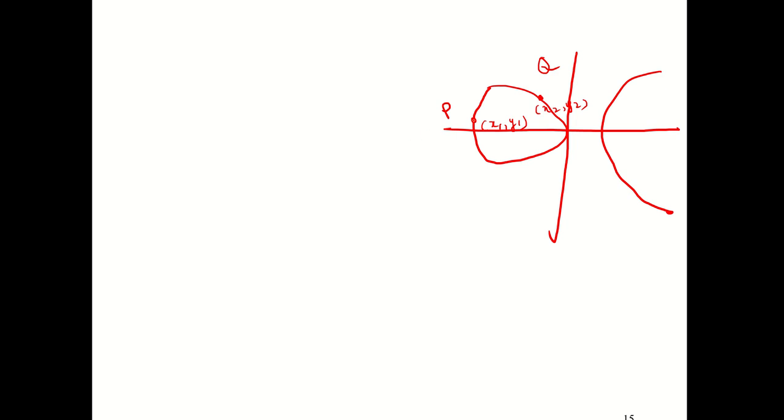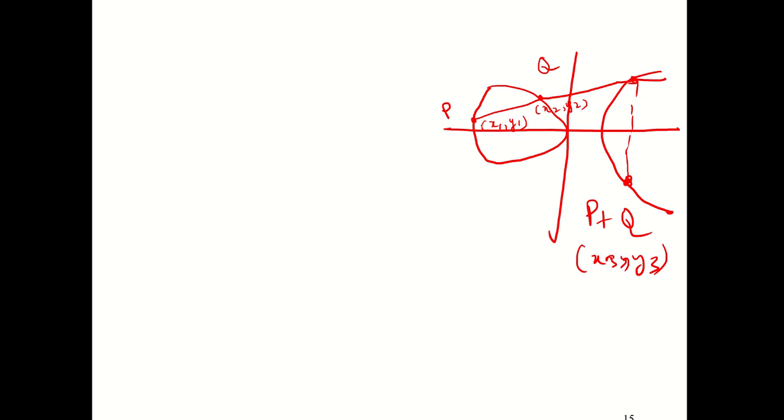If we join these points and extend the line, it will make another point by intersecting the curve. So we have three points. If we take the mirror image of that intersection point, this is the P plus Q point, which is x3, y3.